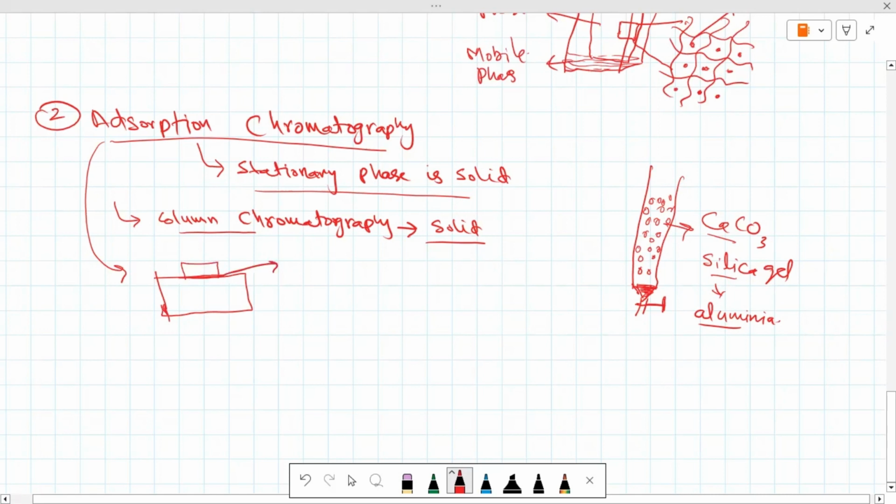The surfaces of two molecules are attached with each other by chemical or physical interaction.